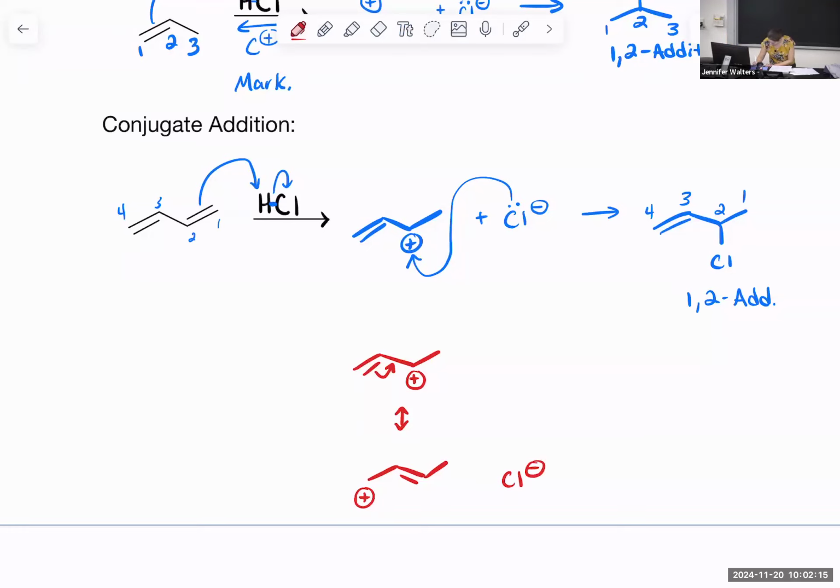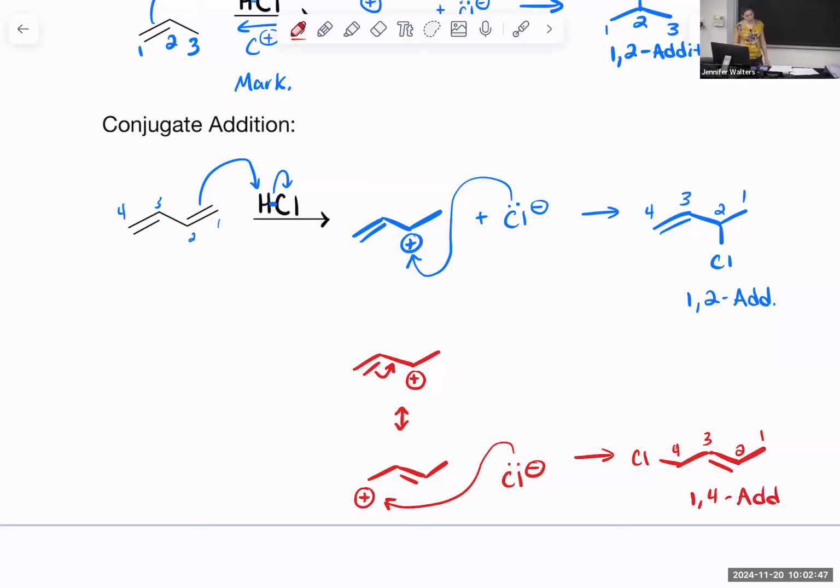And then the chloride can attack that carbocation, which, remember, is still stable because it's allylic. So it's more stable than having just a normal tertiary carbocation, right? Having that resonance makes it more stable. So I'm able to attack either carbon 2 or carbon 4. So that's the other product that we see, that 1,4 addition.